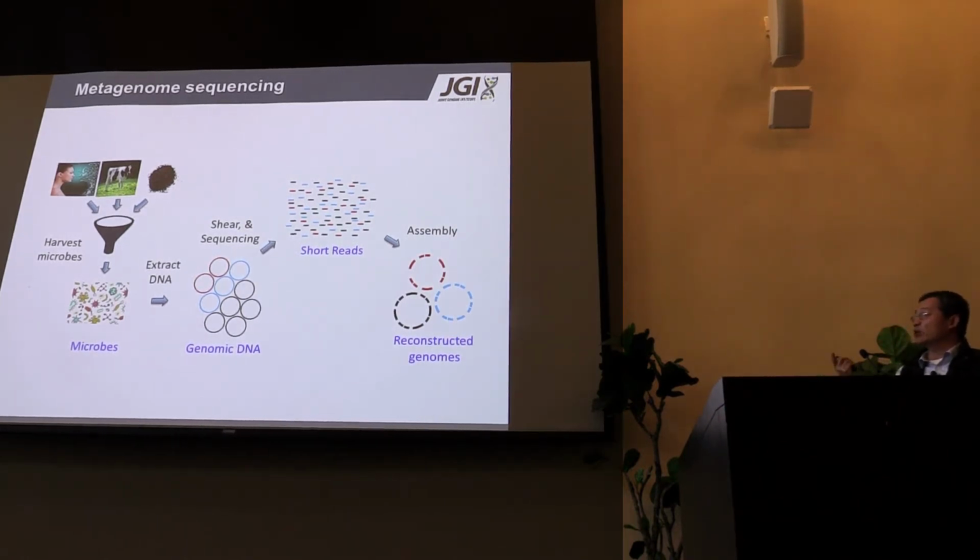But to determine their code or sequence, we don't have a technology that can read one genome at a time. So we have to break the genome into small pieces, and then we use massively parallel sequencing technology, or next-gen sequencing. They will end up with a pile of these short reads, and I have colored them in the figure, but we actually don't know which one is which color.